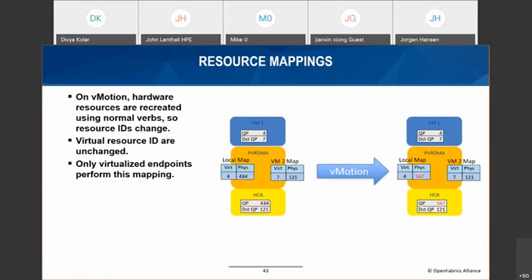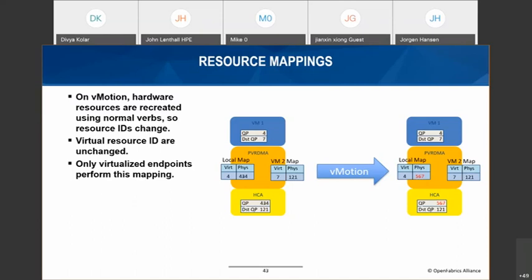As mentioned, we recreate resources following a vMotion. This means that the resource IDs of the physical resources will change. Here we have a picture showing the VM before and after vMotion. In the backend, we have these maps between the virtual resource IDs and the physical resource IDs. Following a vMotion, the virtual resource IDs must remain the same, since those are the ones used by the applications inside the guest that are not aware of any migration.